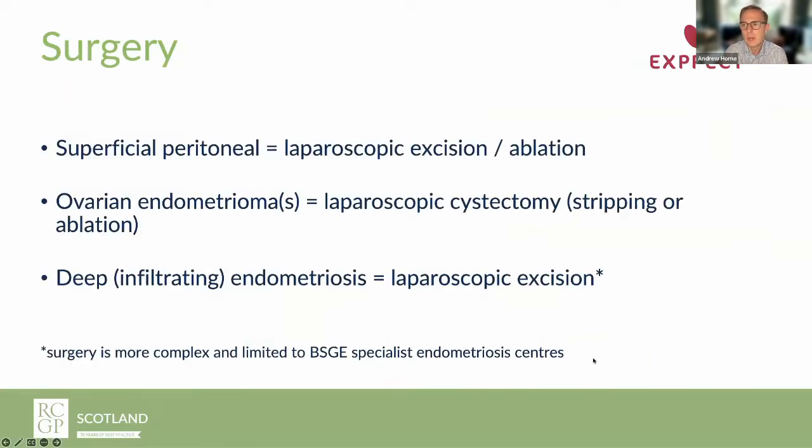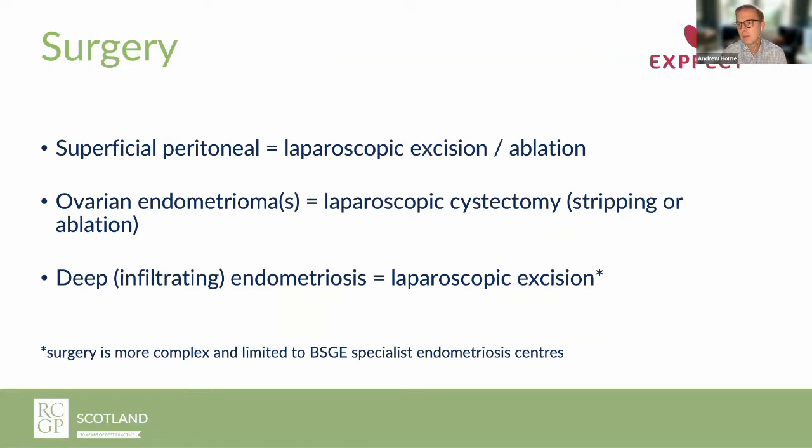With regard to surgery, if we look at the pelvic subtypes, for superficial peritoneal disease we generally excise or ablate it. For endometriomas, we usually strip out the cyst wall, and sometimes if we can't get the whole of the cyst out, then ablate the base of the cyst.